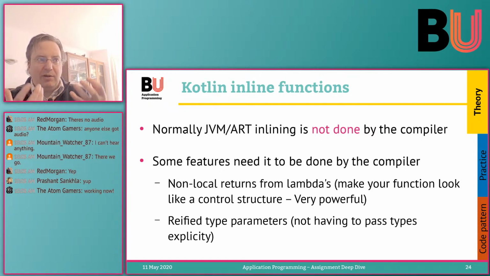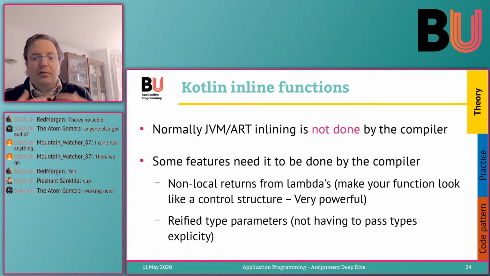The advantage there is that it allows you to make your code look like a control structure, which is a very powerful thing to be able to do. And Kotlin uses that heavily, because you can create your own control structures like use. In Java, you have the try-with-resources concept, where once you finish that block, it will automatically close your file. In Kotlin, you can do that at library level with the use function. You can implement your own one and make it work exactly the same.